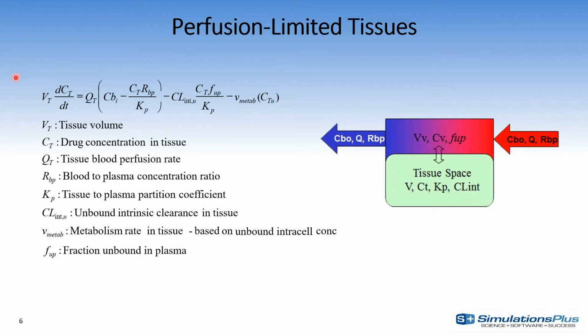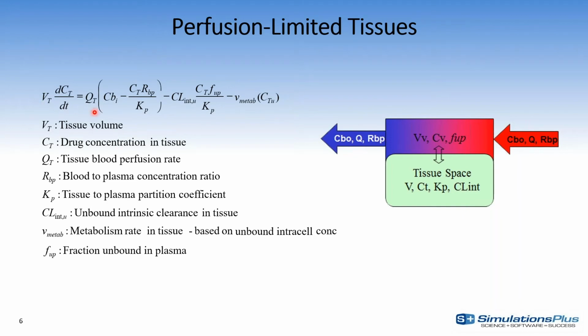Looking at this equation, the amount of drug change in that tissue is governed by the drug going into the tissue, minus the drug going out from the tissue, minus any of the clearance mechanisms that can be happening, either a linear clearance or an enzymatic clearance driven by the Michaelis-Menten equation.